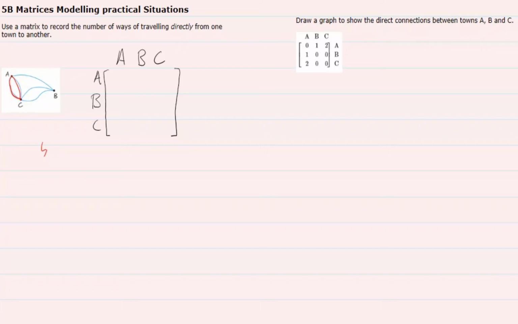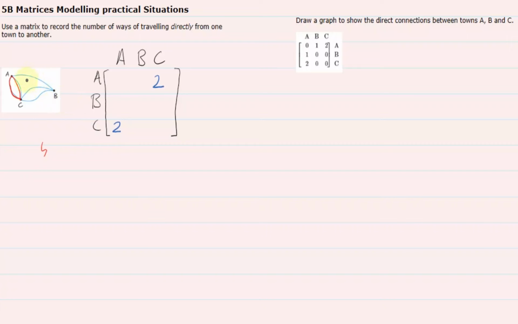So there are two ways to get from town A to C. So from A to C, we can put 2 there. Now, the reverse is also true for this. There are also two ways to get from town C to A. So from town C to town A, there are 2 ways, because there's no direction specified in any of this.